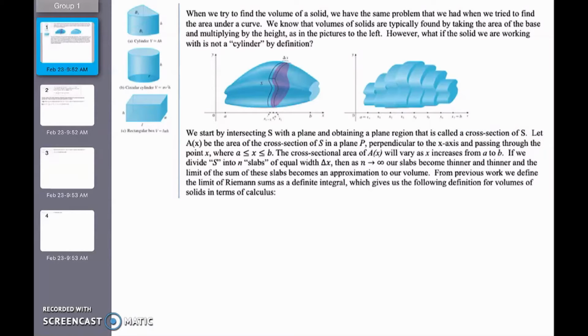So the first thing I want you to look at is how in the picture on the left, they've intersected our solid and made what looks like a slice of bread. That's a plane region that we would call a cross section.